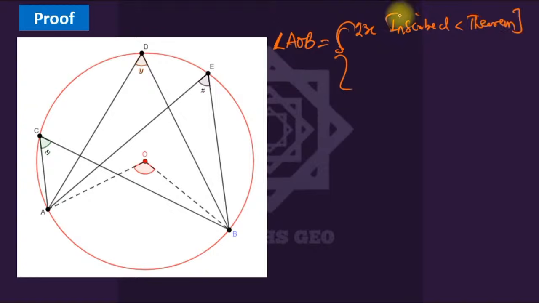So the first one, we took angle ACB to be the inscribed angle. Now let's take angle ADB to be the inscribed angle. You see that the same angle AOB will be 2y, based on the same reason. And also if you look at AEB, the inscribed angle is also 2z.